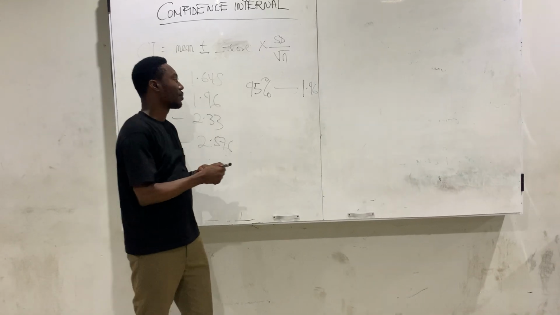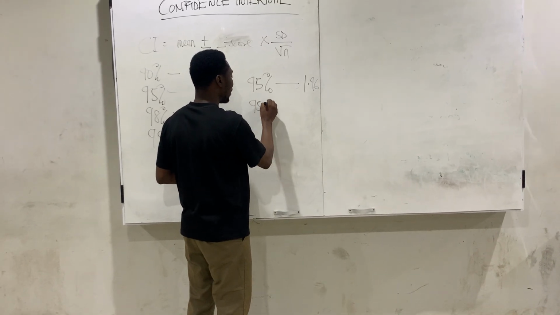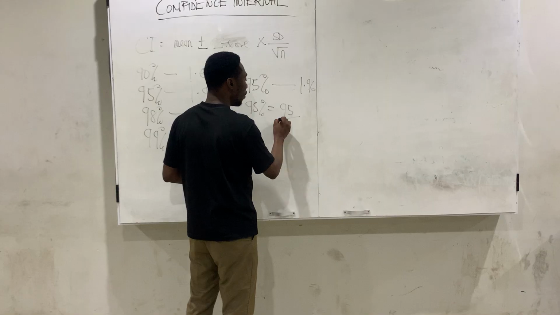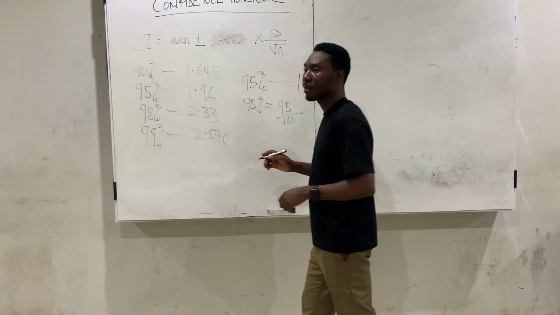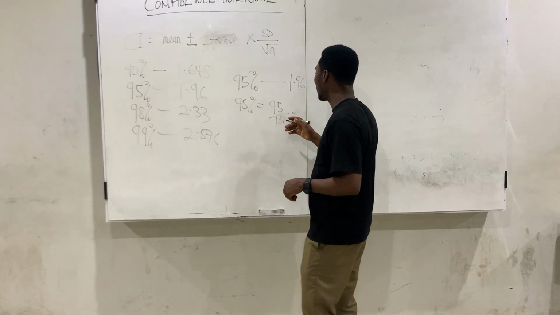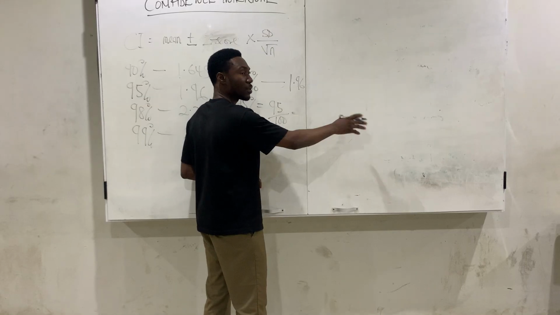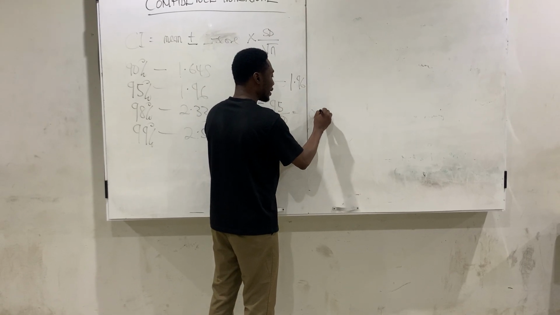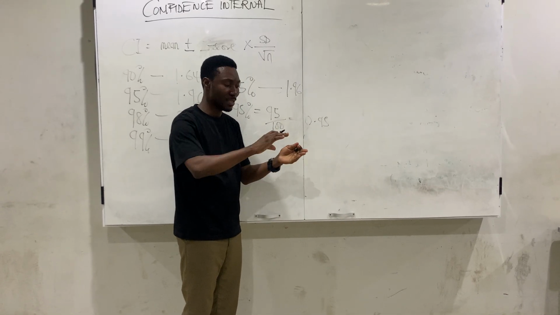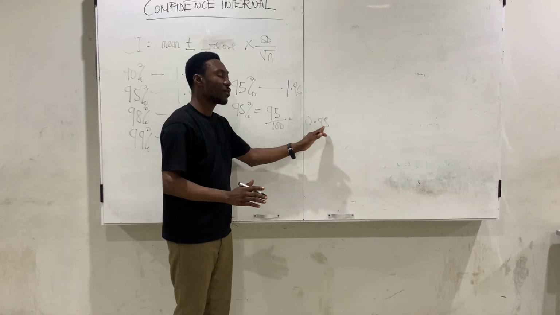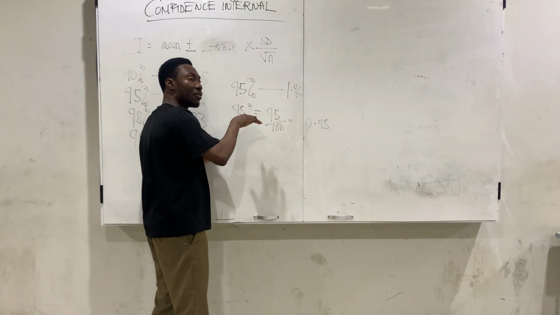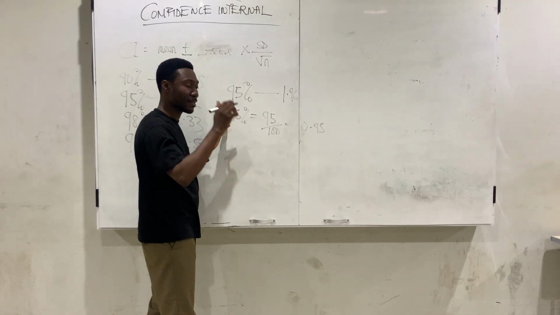The 95% that has been given means 95 over 100. Now write it in the form of a decimal, or proportion, or probability. 95 over 100 is the same as 0.95. You just convert it to decimal. Now when you subtract 95% from 100, you get 5. It means the significance level for this is 5%.